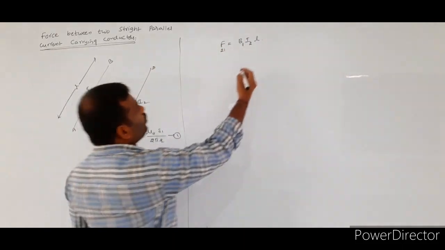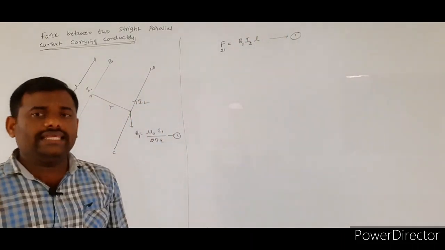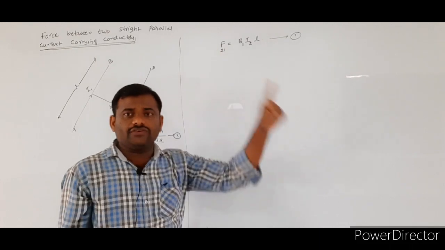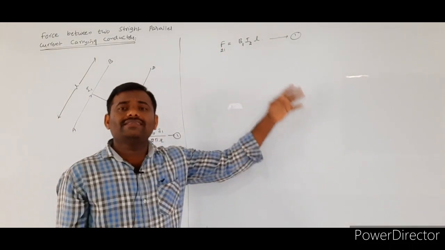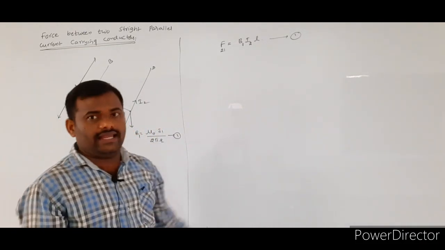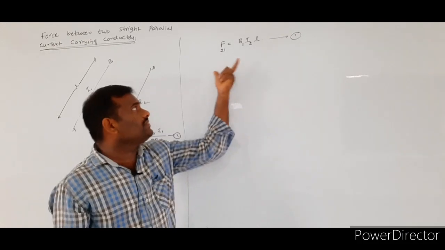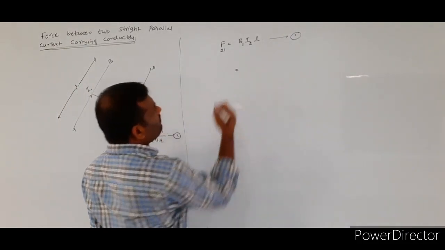So F21 denotes the force experienced by the second current carrying conductor due to the field produced by the first current carrying conductor, represented by F21.